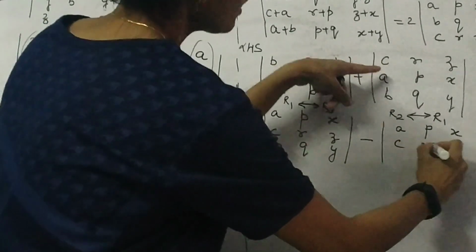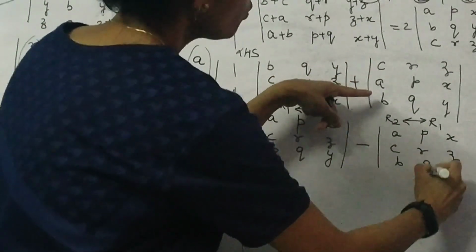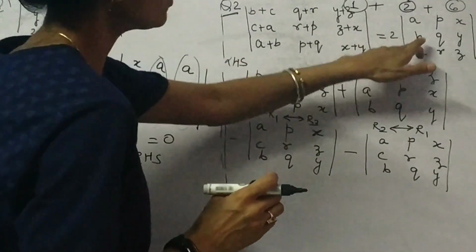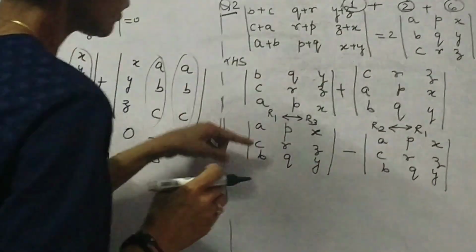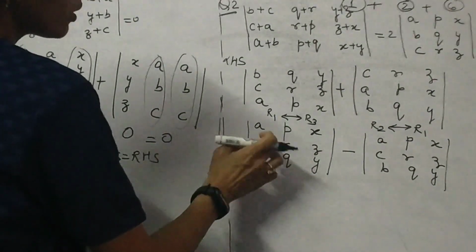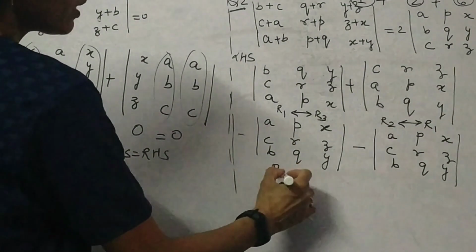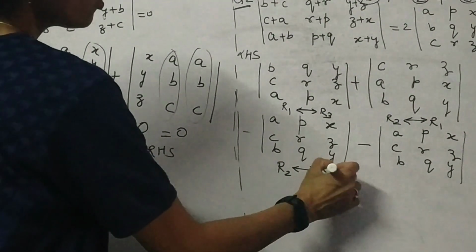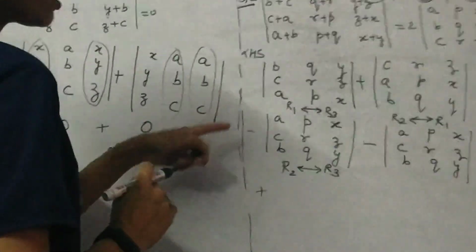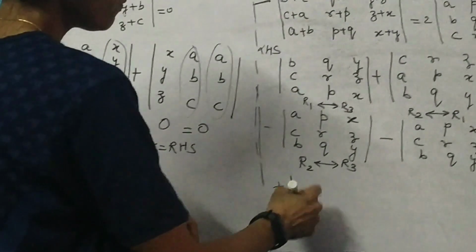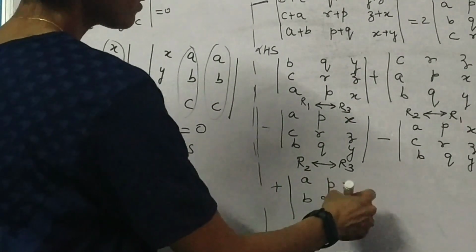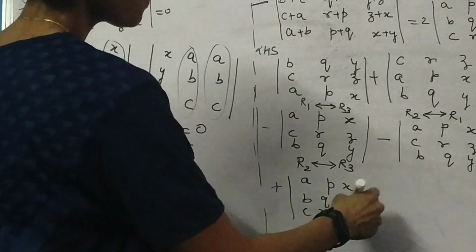A, P, X, C, R, Z, B, Q, Y. Now you see, A, P, X has come above, but here it is B, Q, Y. So we need to interchange again my row 2 and row 3. So again I will be getting a negative sign. So this negative and that negative will become positive, and it will be A, P, X, B, Q, Y and C, R, Z.